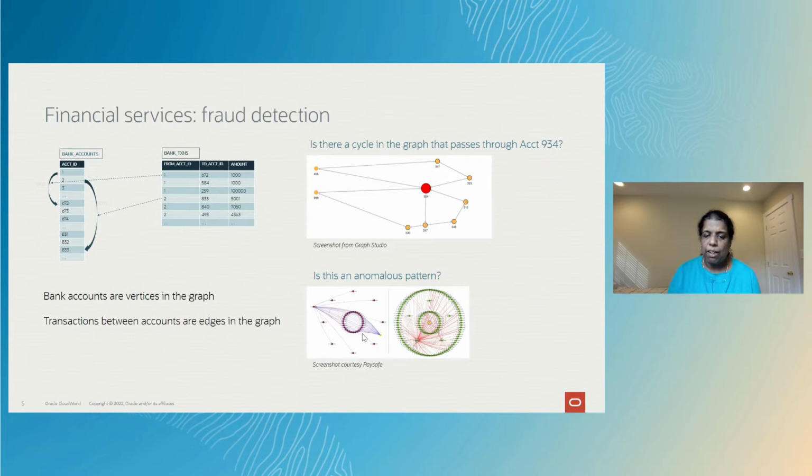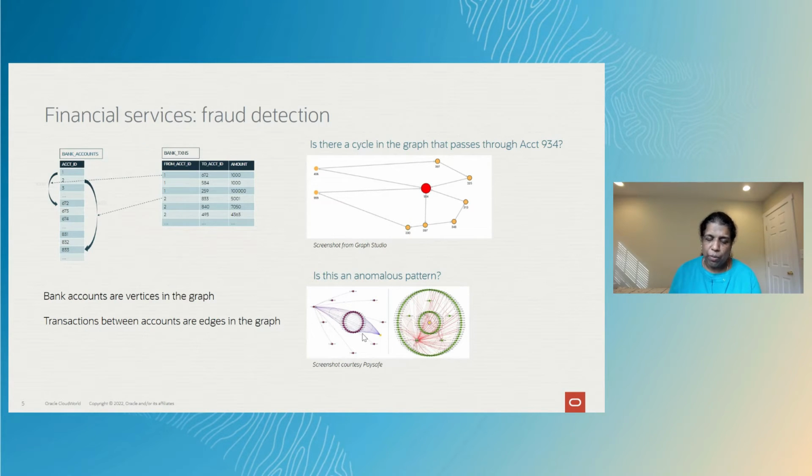For example, here is an example from one of our customers where they found that there were lots of cash transfers between 2 accounts, but they were going through a lot of intermediate accounts. So the same source, the same destination, but lots of intermediate accounts. It could be some kind of money laundering, or maybe you want to evade detection.